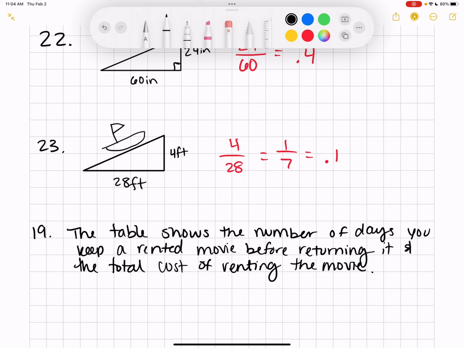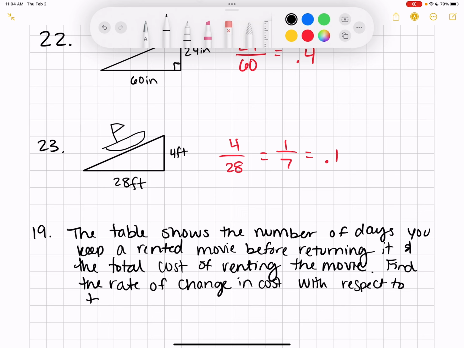Find the rate of change in cost with respect to time. It says to interpret the meaning, but I don't care about that part.